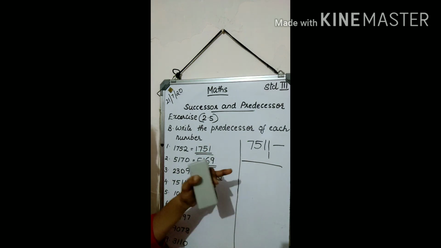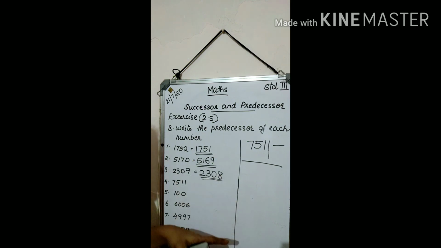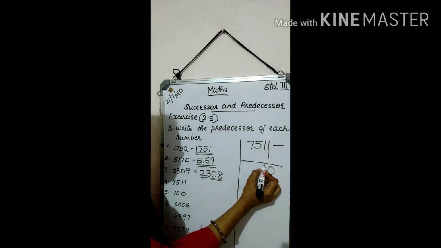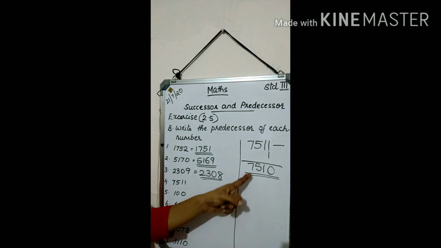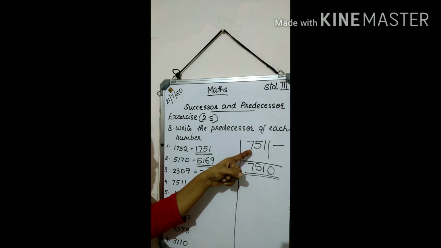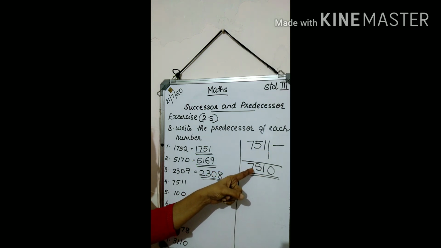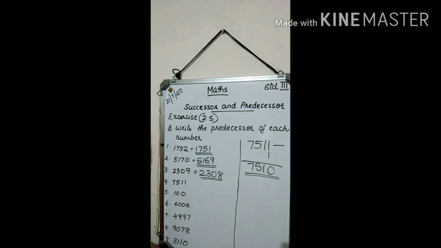Any number subtracted from itself gives 0. Yes, 0. 1 here, 5, 7. What is the answer? This is the predecessor of this number. 7511 minus 1, we get 7510.